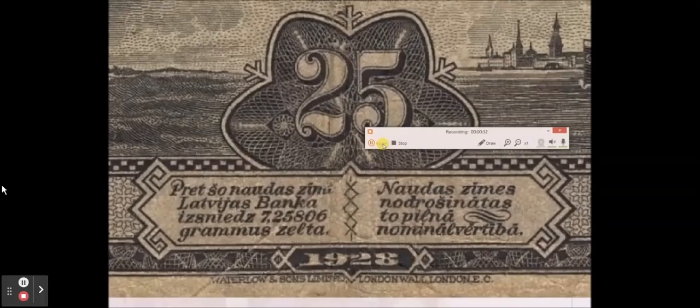Okay, so this is a Latvian banknote, and I'll just point out that it's from 1928, and who's printing it? Well, you have printing done in London, England. So maybe that's understandable. Latvia was a small country. Maybe it didn't have the same printing technology available to it, and it was just more convenient to have it printed in London.